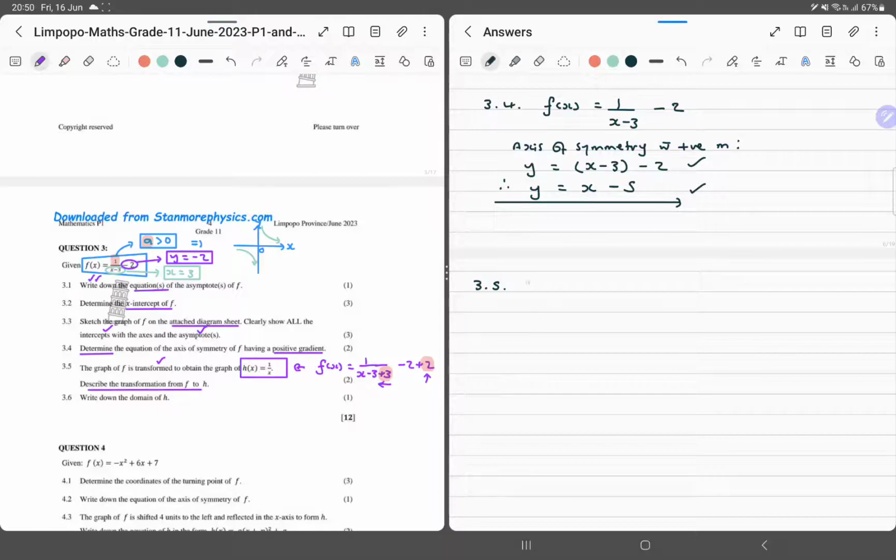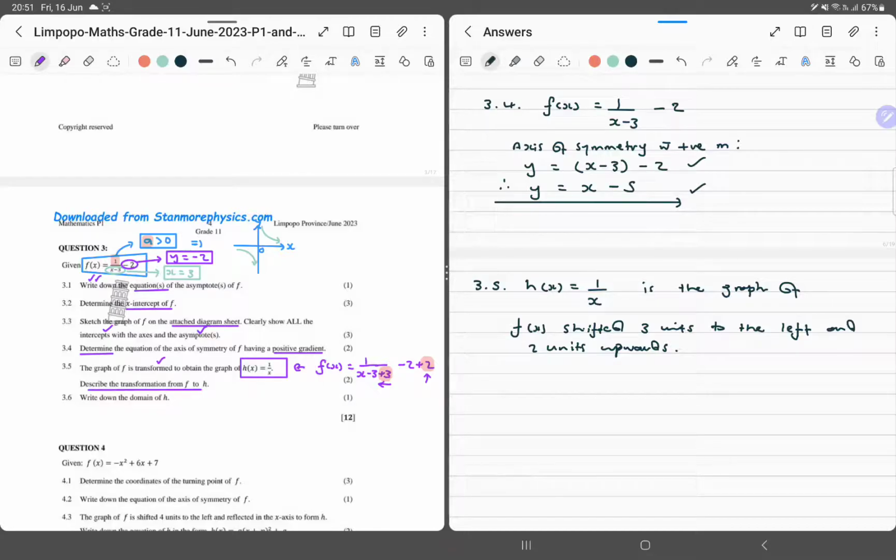So we can say h of x equals 1 over x is the graph of f of x shifted 3 units to the left and 2 units up or upwards.